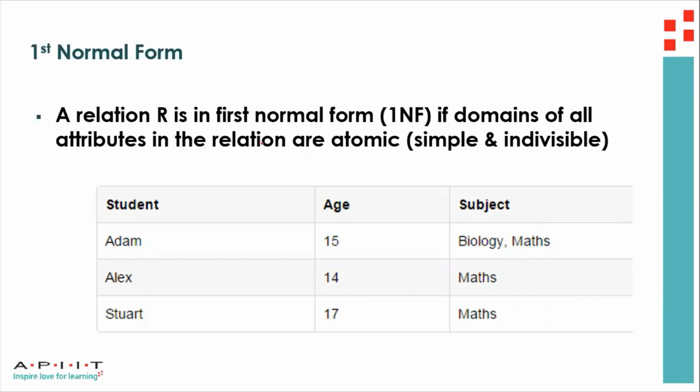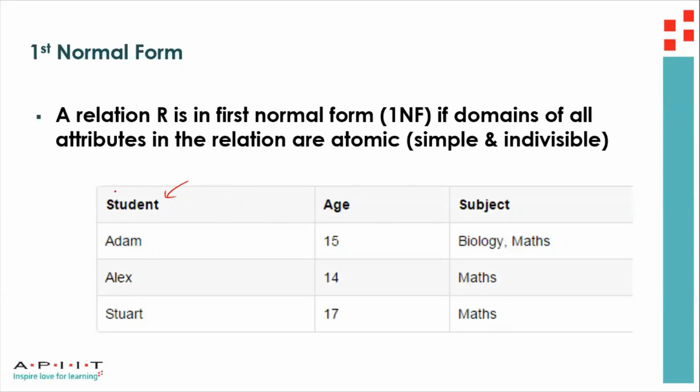So if the relation is in the first normal form, the domains of all attributes in the relation are atomic, or simple and indivisible. Now you can identify these are attributes.